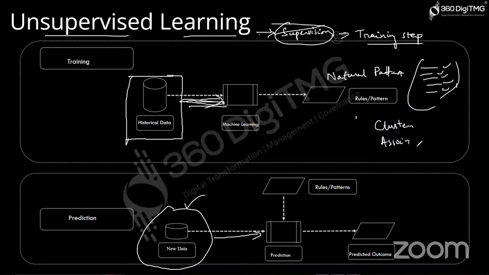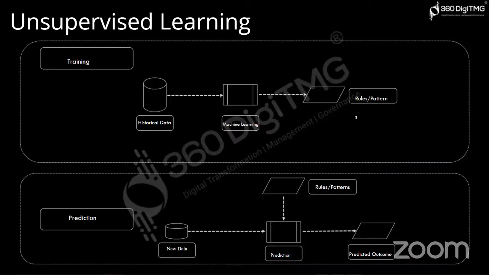Association is basically item to item relation. How one item is related to another item can be known using association rules. There are various others, but as we move along, we'll be seeing all of those.